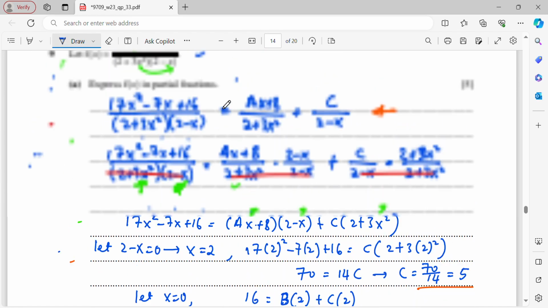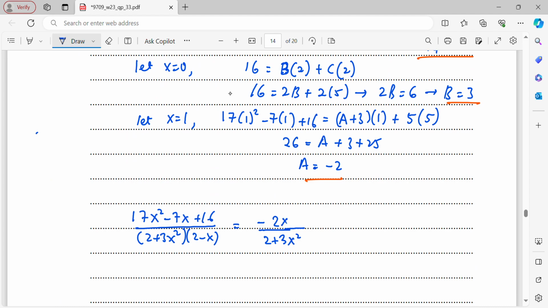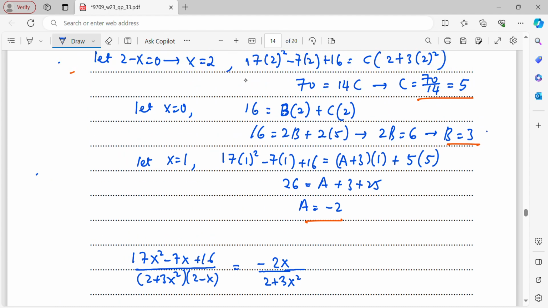Check here, it is ax plus b, so minus 2x, and b is 3, so plus 3. After that, plus c over the other factor. The c is 5, so I write 5 over 2 minus x. So this will be the partial fractions.